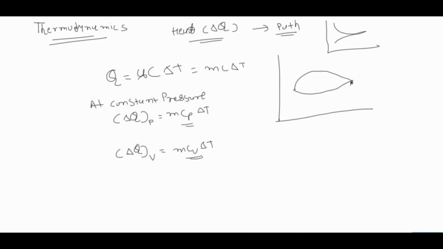Now the second thing is internal energy, that is delta U. Okay, now what is delta U? Internal energy of a system is the energy possessed by the system due to molecular motion and molecular configuration.